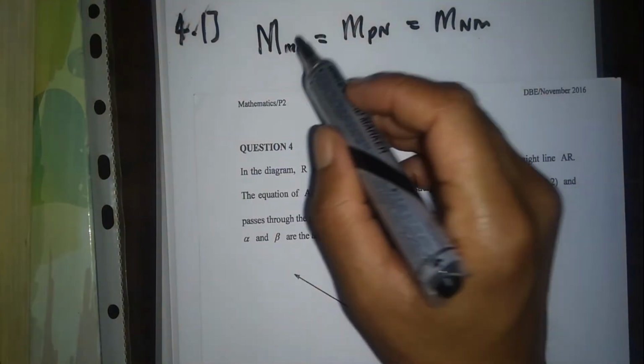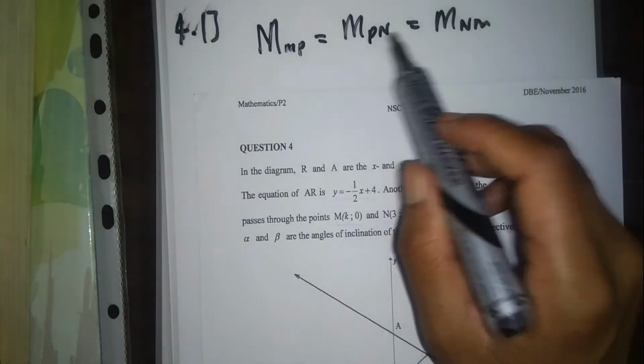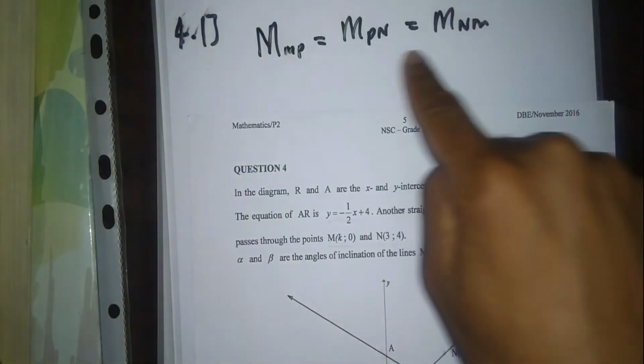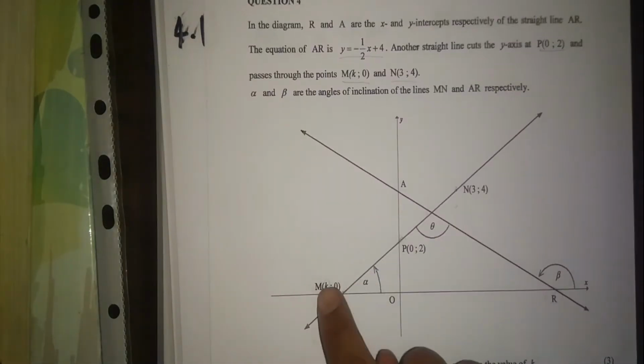That one gradient of MP, PN and NM is equal. Why? Because the points are collinear. So we will use this property to calculate the value of K.